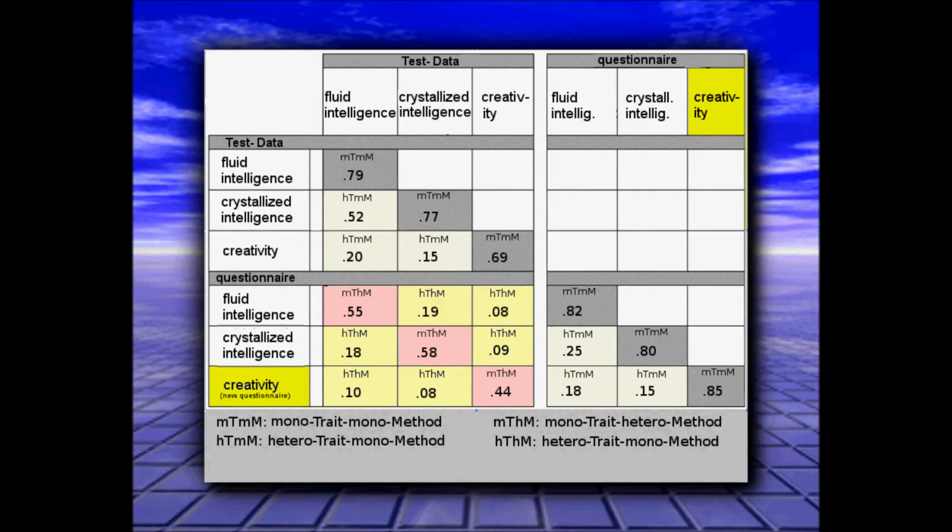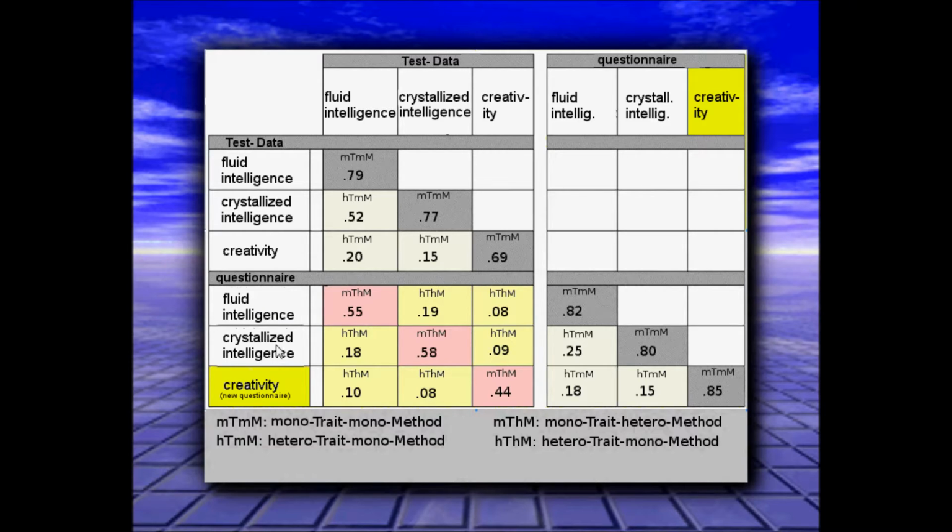For our example, I decided to choose just 2 methods, which were questionnaires on the one hand, in which the colleagues have to, in case of creativity, assess the creativity of their co-workers. In case of fluid intelligence, they had to answer questions like person X is very good and fast at abstract thinking.